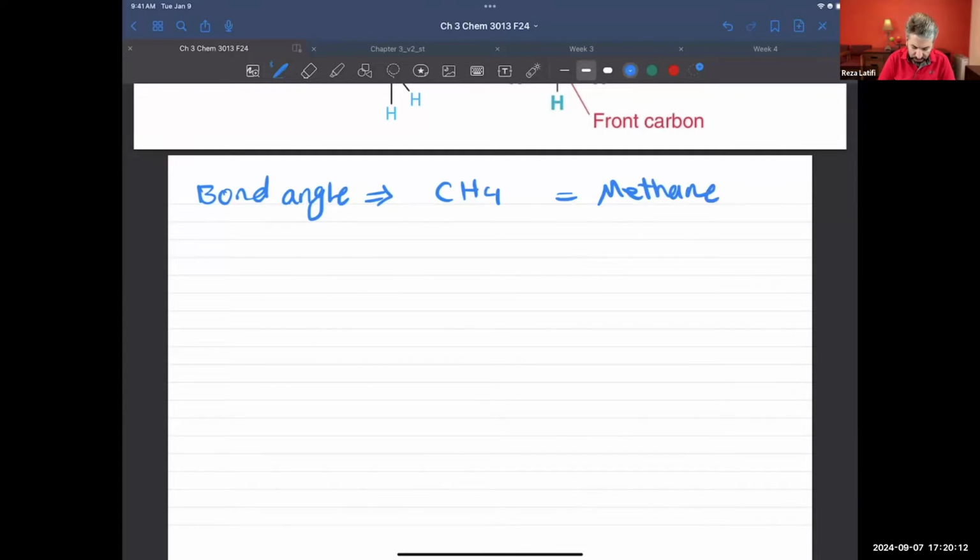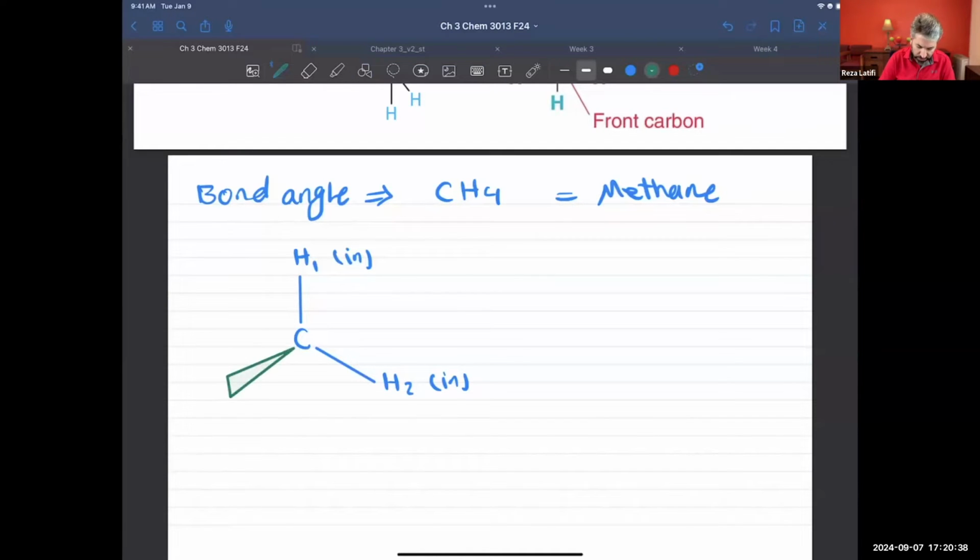So you have a carbon, and that carbon is going to be attached to two hydrogens inside the plane. This hydrogen is called number one, hydrogen number two, those are in the plane. Then you will have one hydrogen pointing to you.